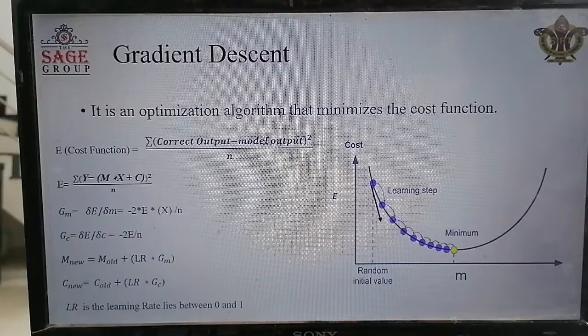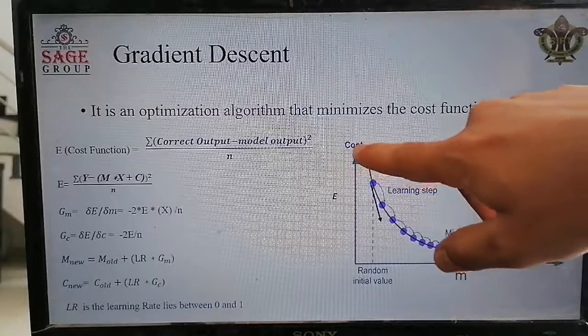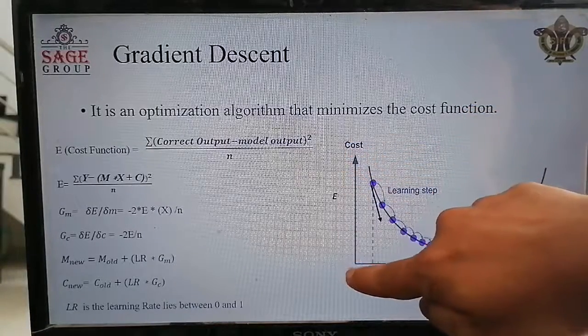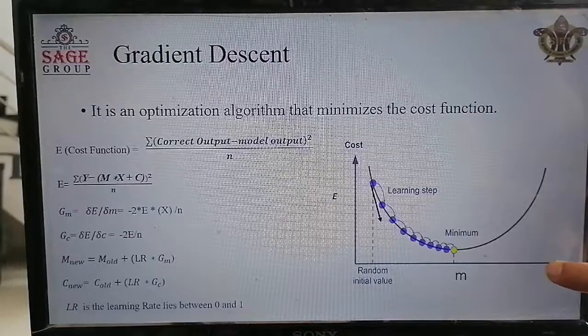Here the idea is that we can take the derivative of this function. If we take the derivative of any function, the derivative will return the tangent to this function. So let's say this is the cost function, and this is the model parameter m.